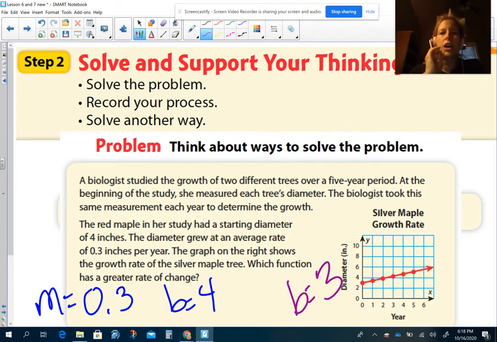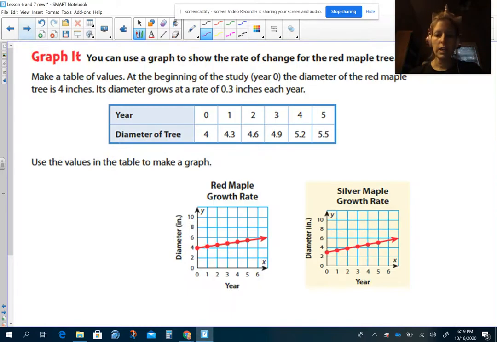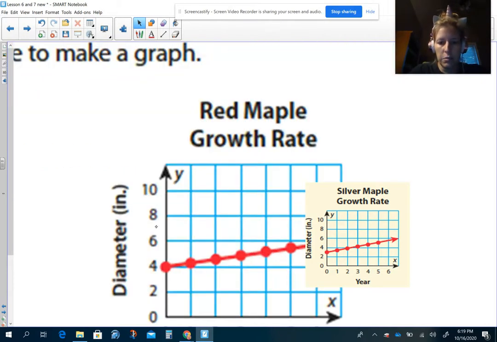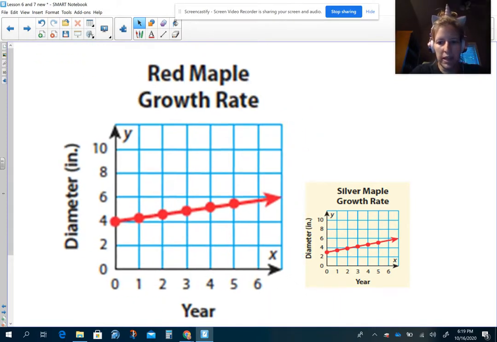How am I changing of y over change of x? Remember we wrote that down today, change of y over change of x. Well, let's try something. Let's put them side by side. So here's a table that we have, okay? And so we graphed, and let's see if we can make some of these graphs bigger. I'll make this one bigger so we can see it better.